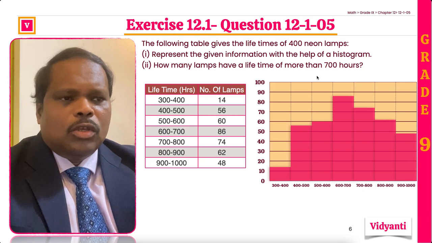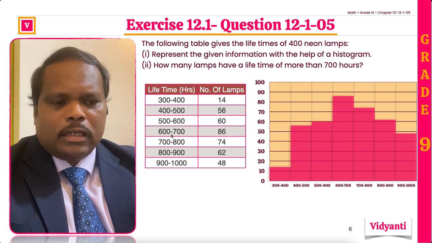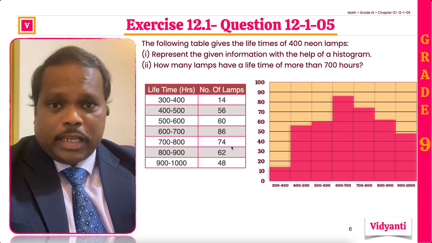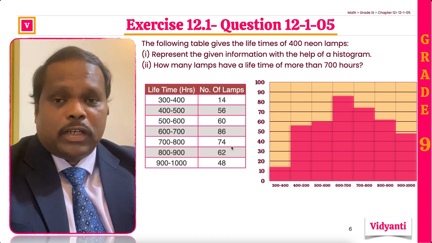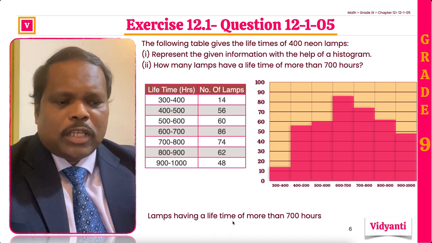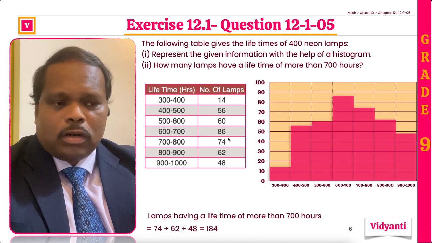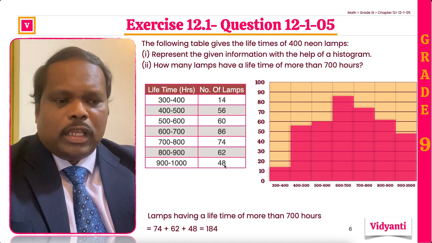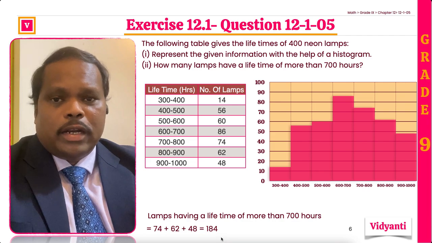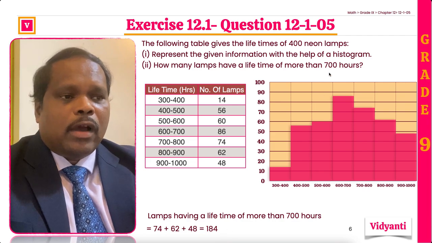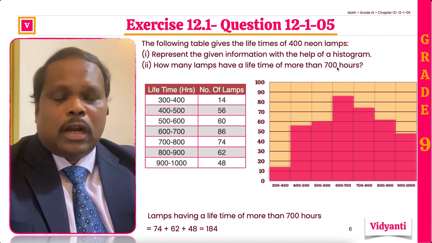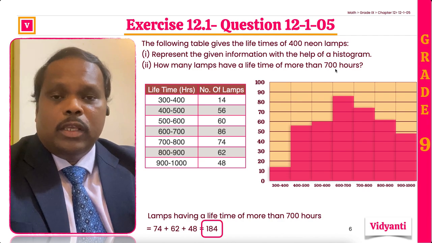Anything more than 700 is satisfied by all three of these class intervals. So lamps having a lifetime of more than 700 hours will be 74, that's this number, plus 62, that's this number, and 48, that will be the last number. The total comes out to be 184 lamps that have more than 700 hours of life, and that will be your final answer.